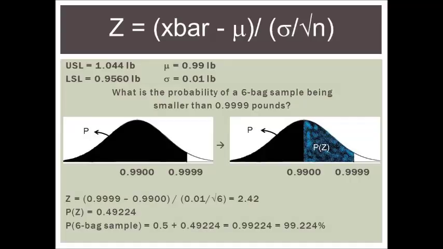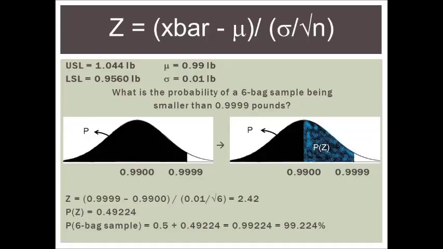And again, with this example, we need to add 0.5 to the probability we found from the z-table. You can see here that the probability from the z-table is only a small part of the curve. It's only the part from the center out to z. We have the entire other half of the curve that we need to add in.